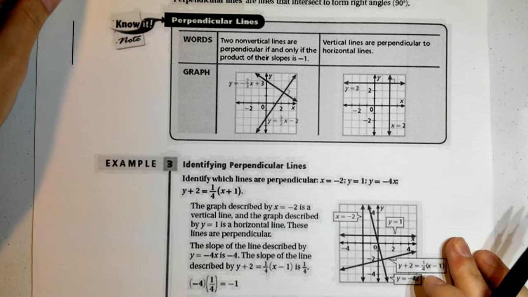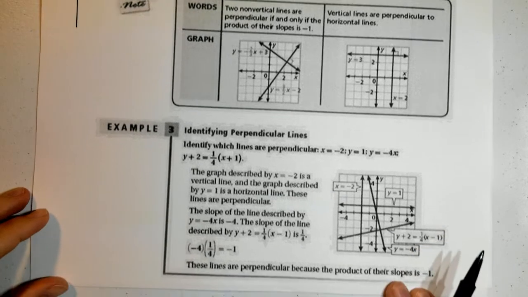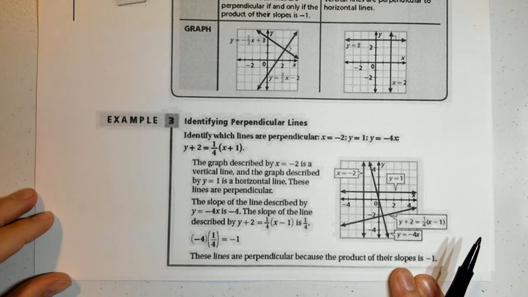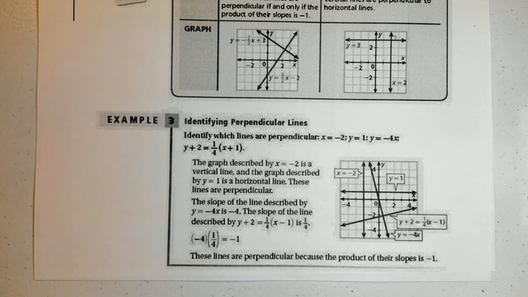So we're going to start by looking at example 3. Identify which lines are perpendicular: x equals negative 2, y equals 1, y equals negative 4x, y plus 2 equals 1/4 times the quantity x minus 1. So here's a graph of all those lines.